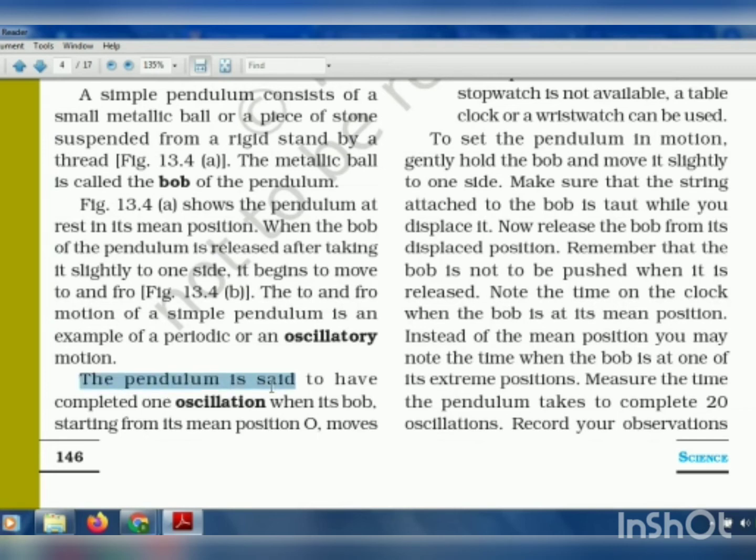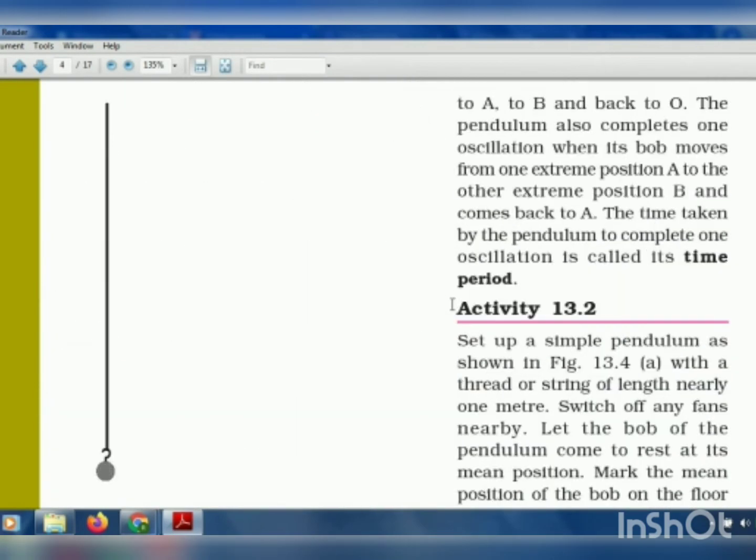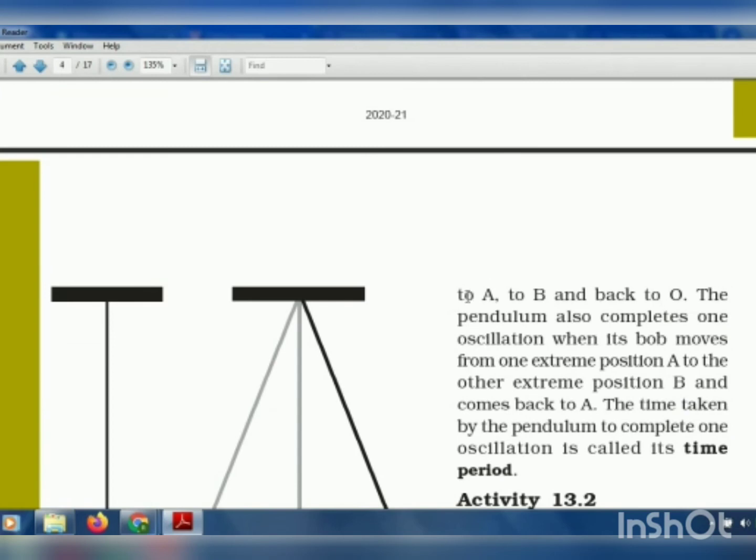So the pendulum is said to have completed one oscillation when its bob, starting from its mean position O, moves to A, then to B and back to O. This also you can consider as one oscillation. Otherwise, when the bob moves from A to B and from B back to A, you can consider that also as one oscillation.